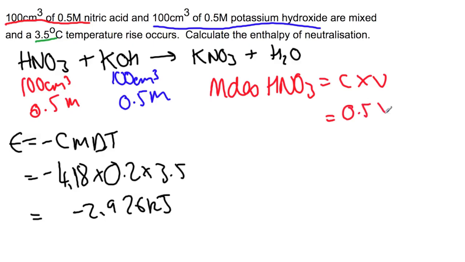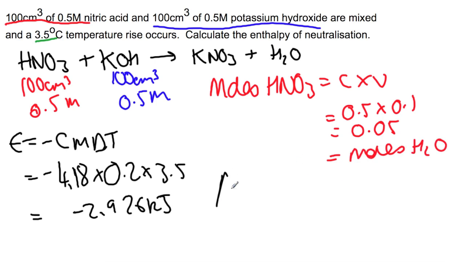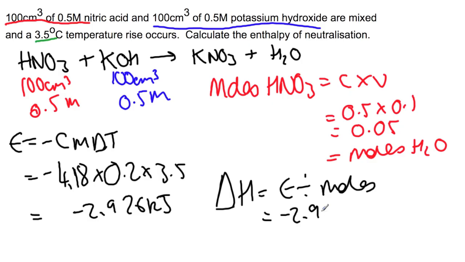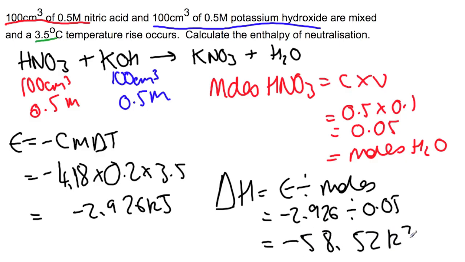So we have 0.5 times 0.1, which gives you 0.05, and this is equal to the moles of water. So if we now do delta H equals E divided by moles, we'll have negative 2.926 divided by 0.05 to give you an enthalpy of neutralisation for this reaction of minus 58.52 kilojoules per mole.